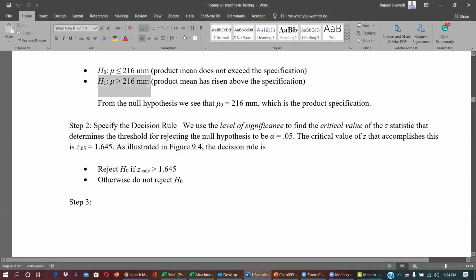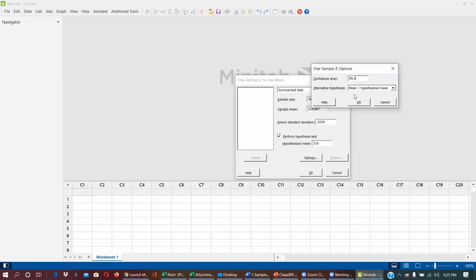Mu is greater than. We are always inserting the alternative hypothesis in our Minitab. And here students make mistakes. They use the null because, you know, the null is most important, and they always do that. However, Minitab uses the alternative. So I'm just using this one and it is 95%.